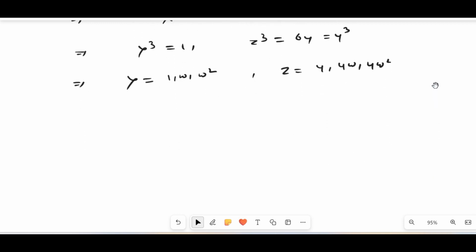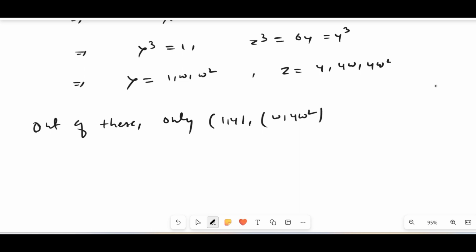And also we know that out of this only 3 pairs, that is 1 comma 4, omega comma 4 omega square, and omega square comma 4 omega, must satisfy equation 2.